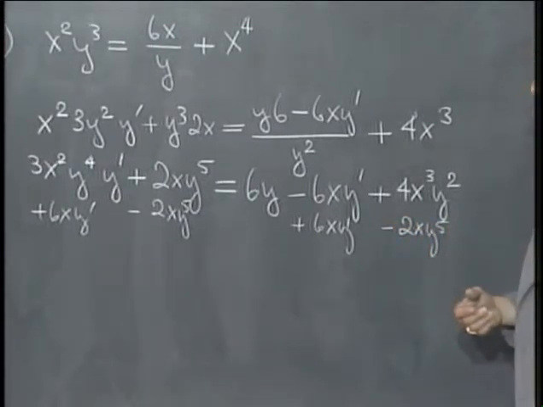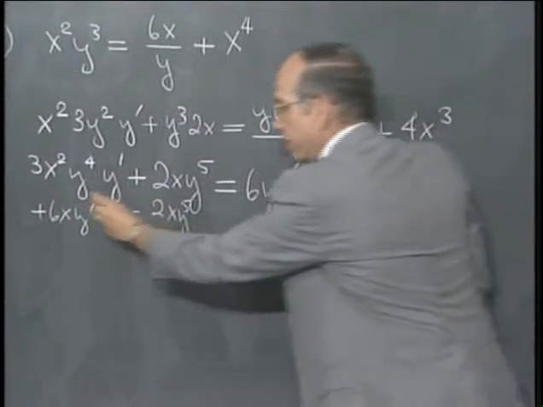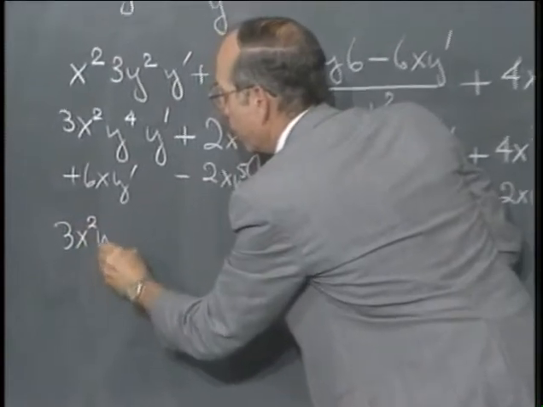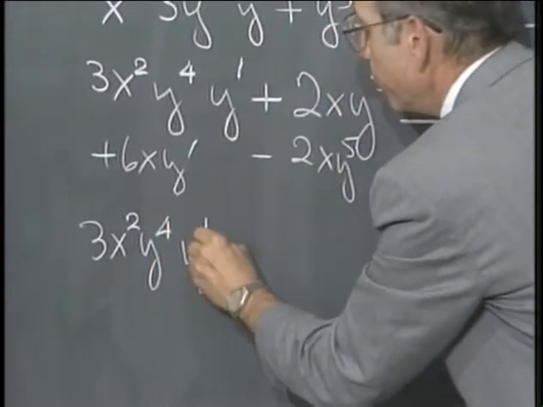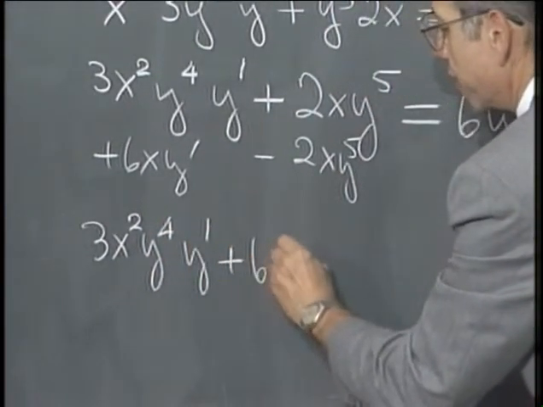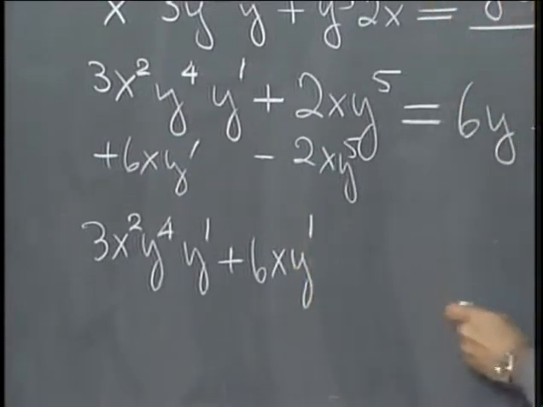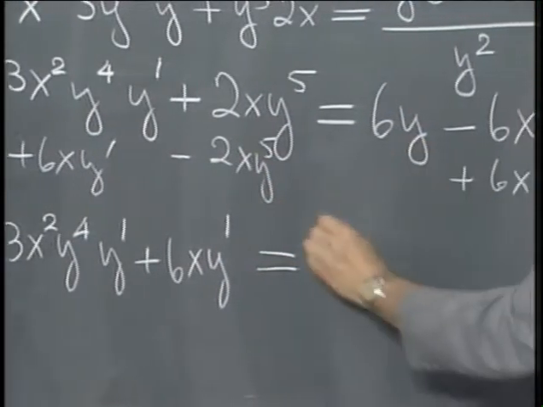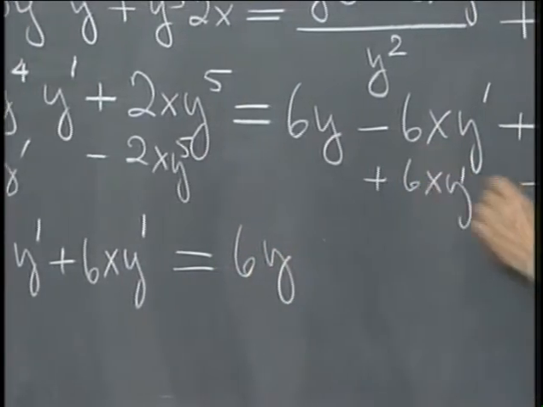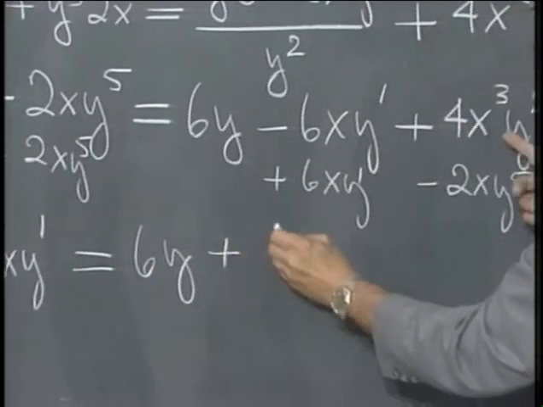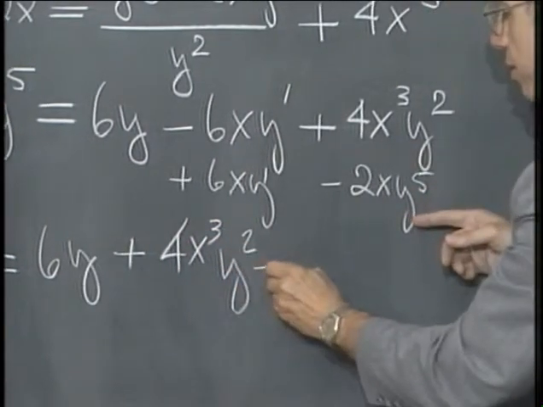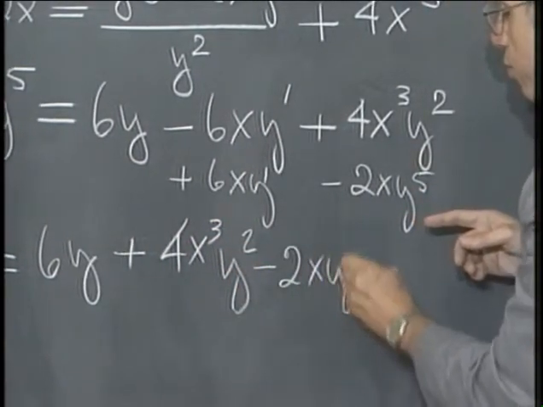Can we do that? Here we have 3x squared times y to the fourth times y prime plus 6x times y prime. These two terms drop out, equals 6y, these cancel out, plus 4x cubed times y squared minus 2x y to the fifth.